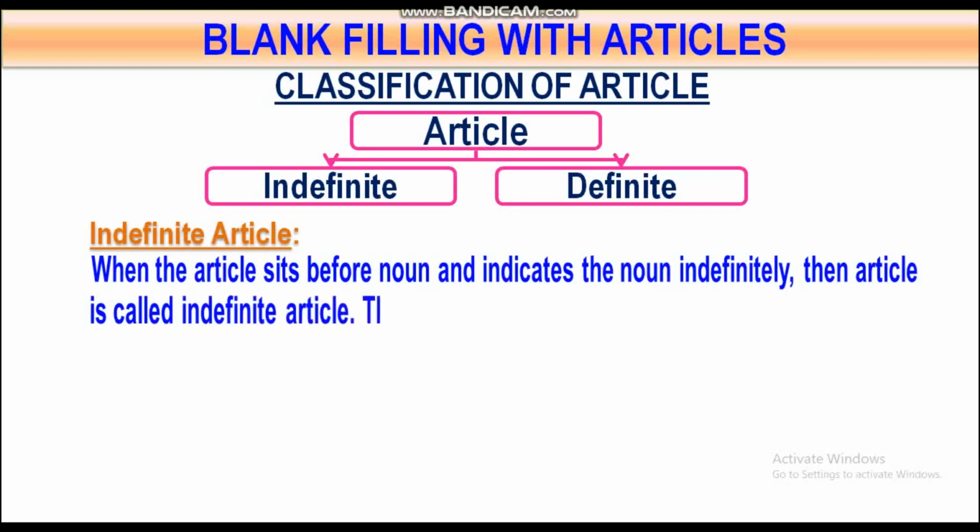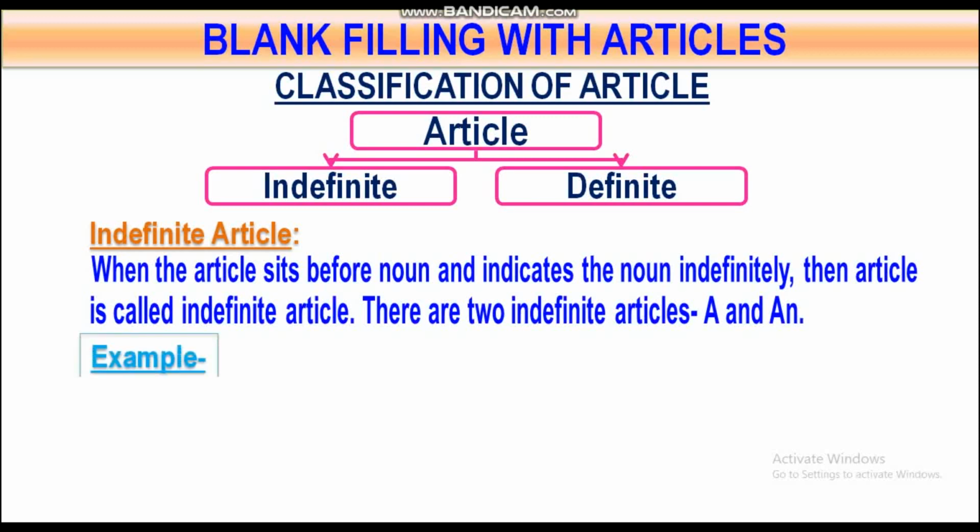When the article sits before noun and indicates the noun indefinitely, I mean in general, not in specific, then the article is called indefinite article. There are two indefinite articles, a and an. And remember, dear students, indefinite article is always used before singular noun.